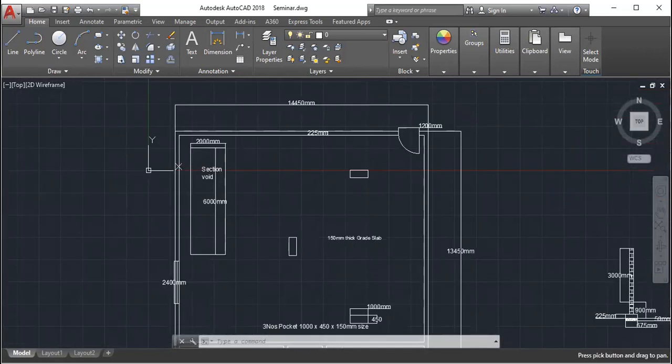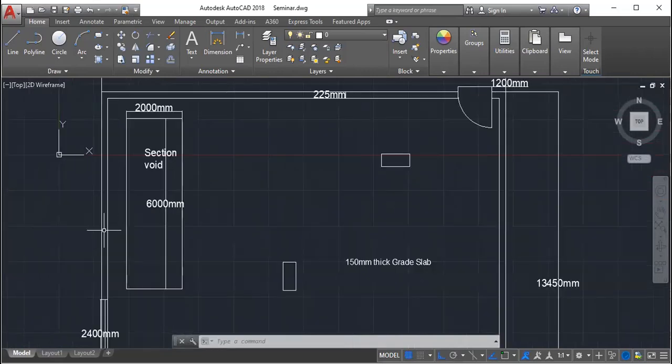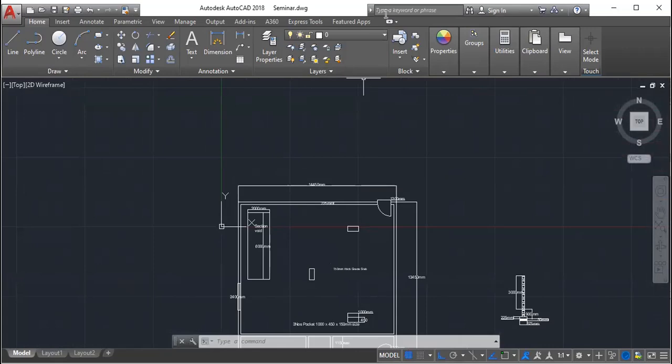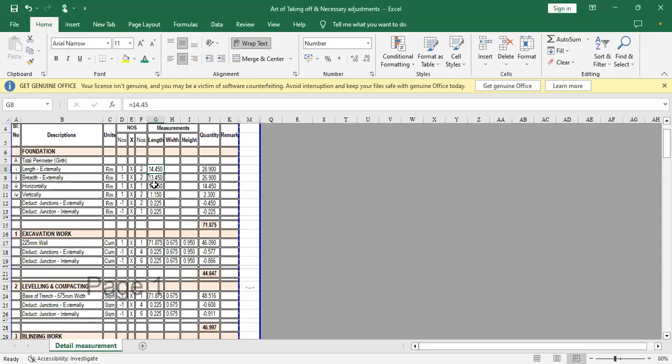Then we have our breadth of 13.45, one in north and one in south, one in east and one in west. So the length and breadth gave us 28.9 and 26.9 respectively.